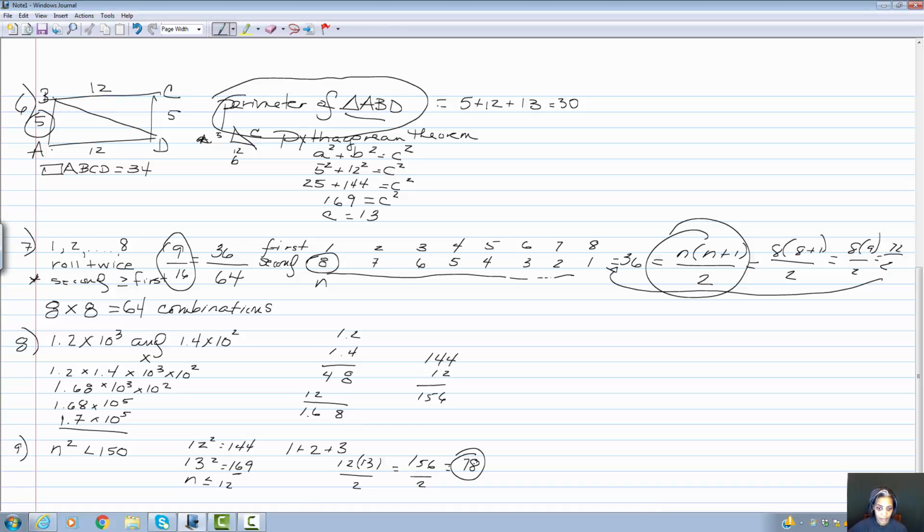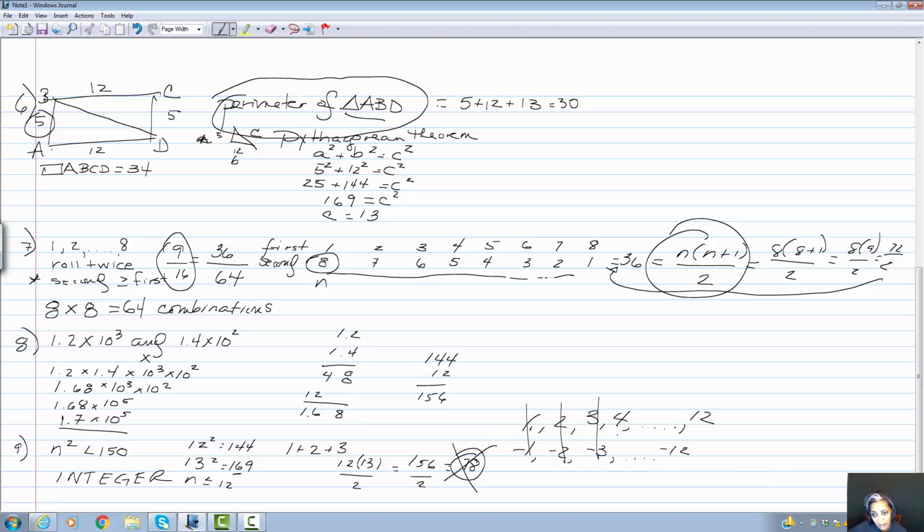Doggone it. Trick question. This is not correct because the question said integer. So if these are integers, not just 1, 2, 3, 4, and so on would work. -1, -2, -3, and so on work too.